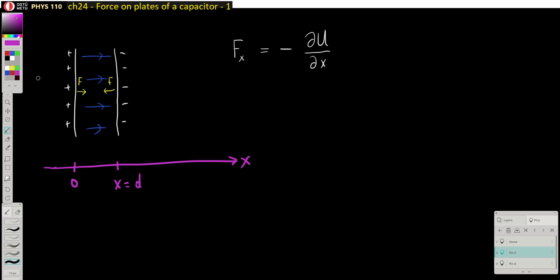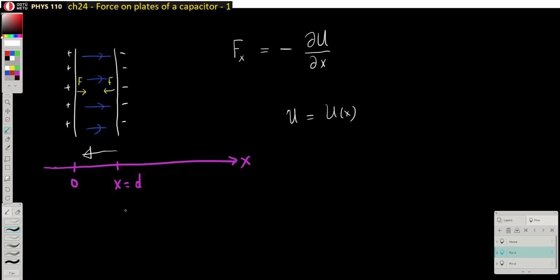In any case, what I need to do is write down this potential energy as a function of x, and then I'll take the derivative. Since I expect the force to be in the leftward direction for this plate, I expect to find a negative value of that force. So let's just keep this in mind.